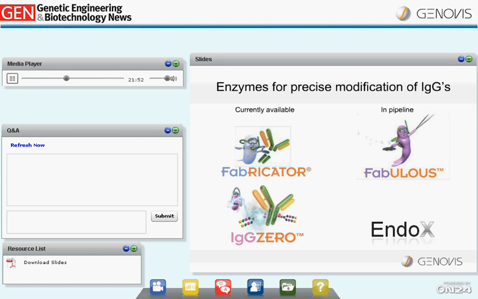I will also show different product configurations using this enzyme. Later, I will highlight some different applications using either of these enzymes or both in different ways in terms of characterization of biopharmaceutical monoclonal antibody-based products. And finally, I will say a few words about our pipeline of new enzymes and how you can participate in the beta testing program of those particular enzymes.